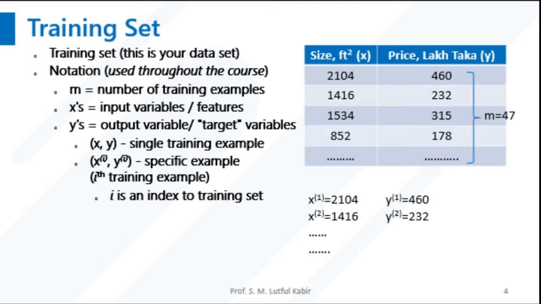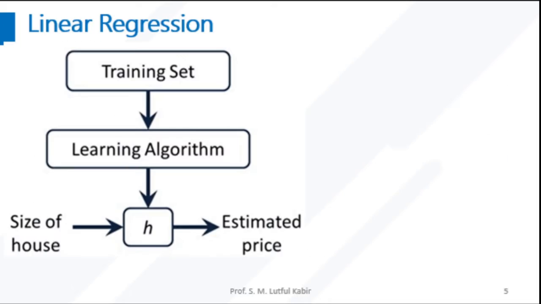If you see the table, x^(1) is 2104, x^(2) is 1416, and y^(1) is 460. And that's the first y value for my training example, and so on. So for a specific element or specific row, we use the superscript.